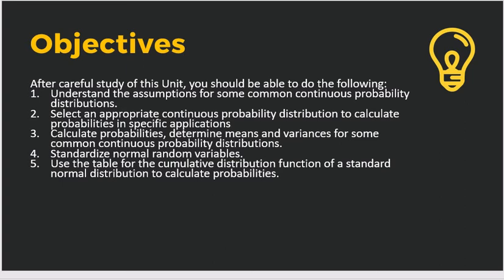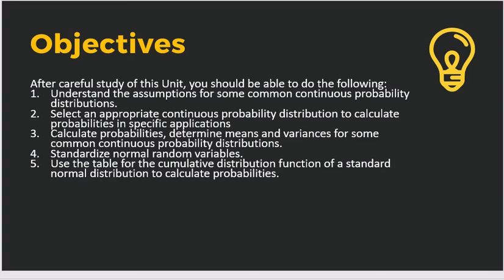Number 3, calculate the probabilities, and determine means and variances for some common continuous probability distributions. Number 4, standardize normal random variables. And lastly, use the table for the cumulative distribution function of the standard normal distribution to calculate the probabilities.